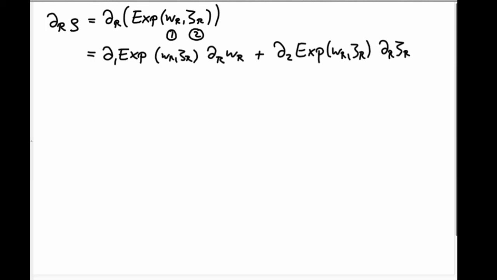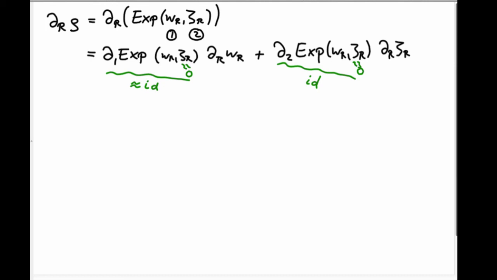I know that zeta is very close to 0. And I know something about the exponential map as a map from a single point and tangent vector: if I put in 0 here, these derivatives actually are the identities. So this whole thing is about the identity, and that is also about the identity.